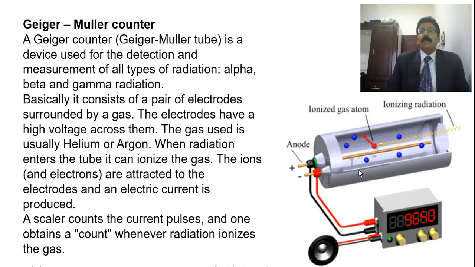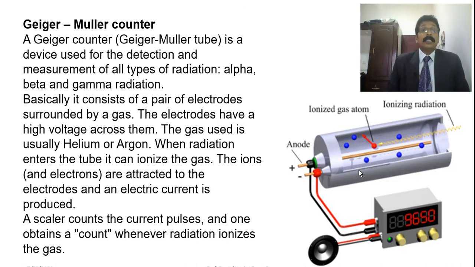See now, Geiger-Müller counter. A Geiger-Müller counter is a device used for the detection and measurement of all types of radiation: alpha, beta and gamma radiation. Basically, it consists of a pair of electrodes surrounded by a gas.